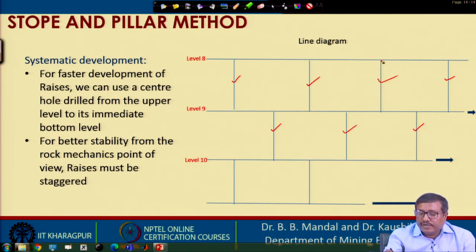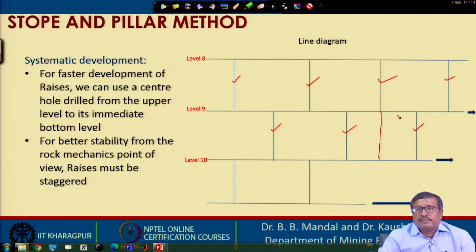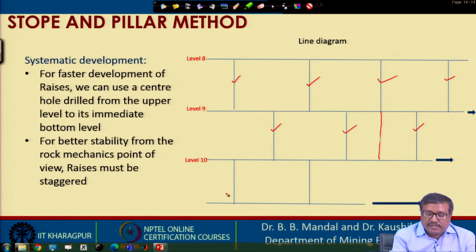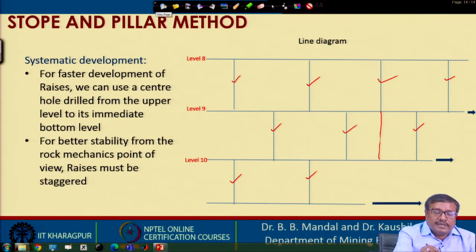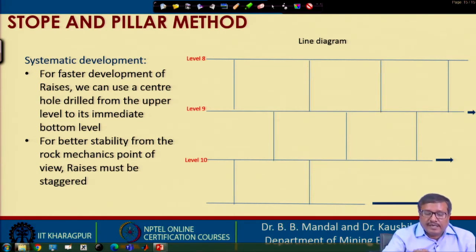Because if I make a raise below another raise, then the area will be more disturbed. So, as a matter of common practice, and technically justifiable practice, we stagger the location of the raises. That means, from the 10th to the 11th level, we again make staggered raises. That is for the stability of the entire area.